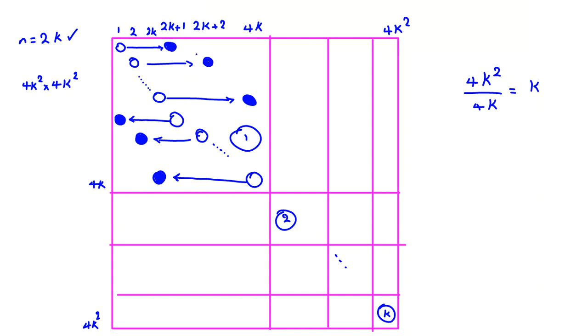You move the first 2k pieces 2k units to the right, next 2k pieces 2k units to the left. Okay, so 2k's are good. We can say it is our first part. Let's consider lemma 1.